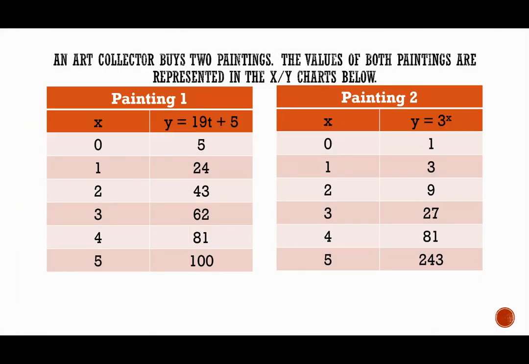Okay, so here's my two paintings, my two equations. We've got painting 1 is linear. Oh, that's horrible. And then painting 2 is exponential. Okay, and when you're comparing linear and exponential functions, you can ask yourself some different questions.